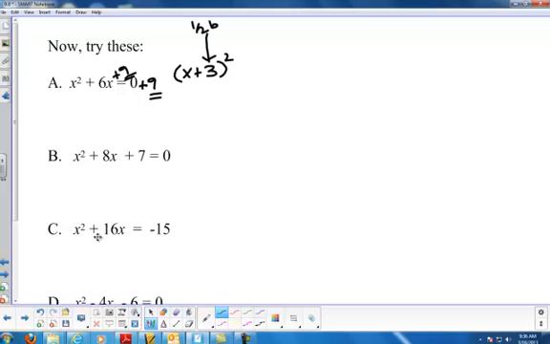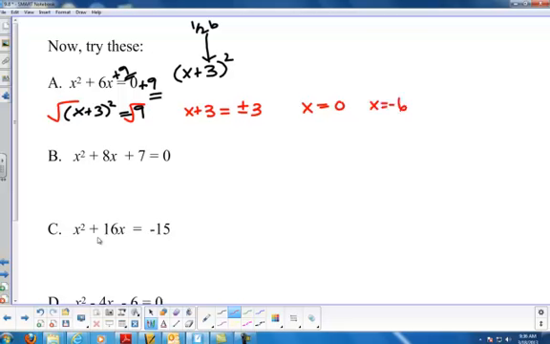So this factors into x plus 3 squared equaling 9. You're going to square root both sides. x plus 3 equals positive or negative 3. Therefore, x, if you subtract the 3 from positive 3, it'll be 0. If you subtract the 3 from negative 3, it'll be negative 6. So those are your two solutions.